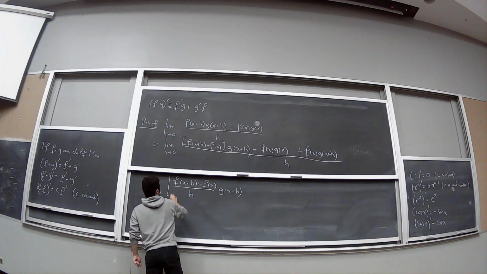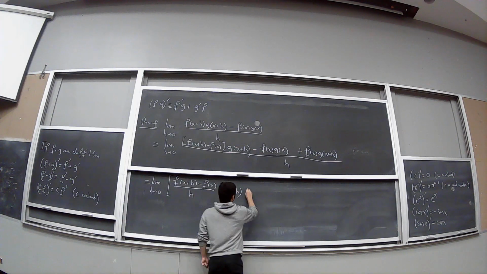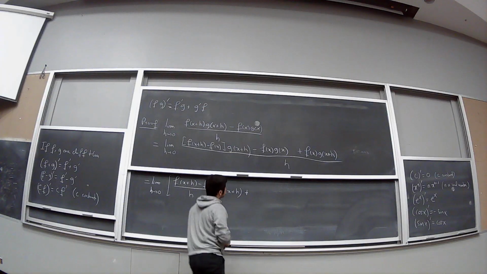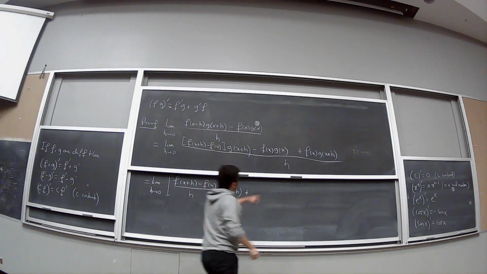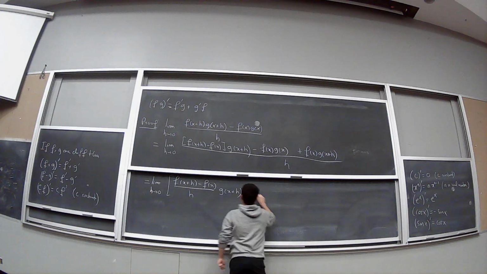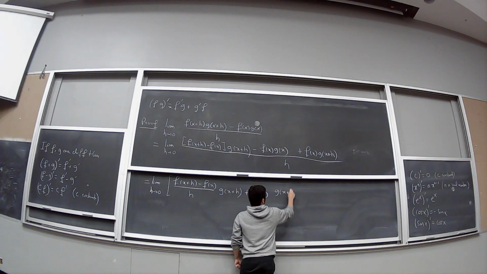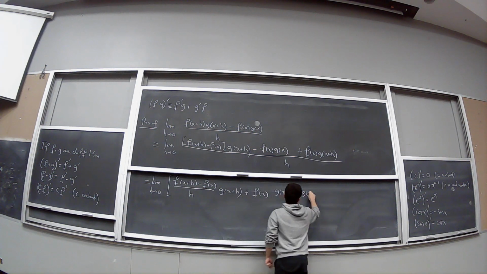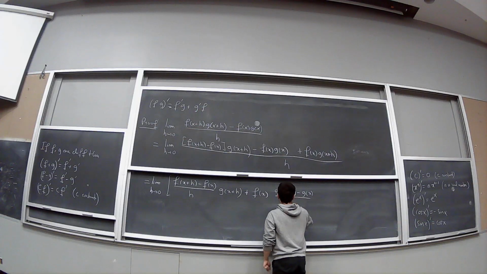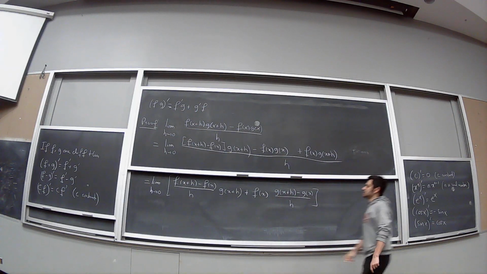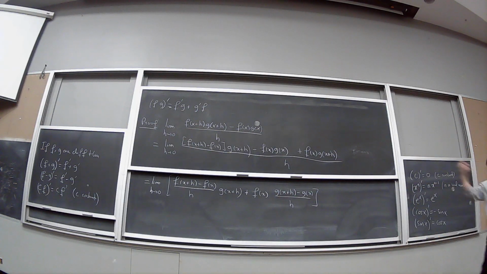I didn't do anything wrong here. Plus, let me factor an f of x from these two terms. So what do I get? I get f of x times g of x plus h minus g of x over h. Do you guys see this or not? I rewrote this in this way.